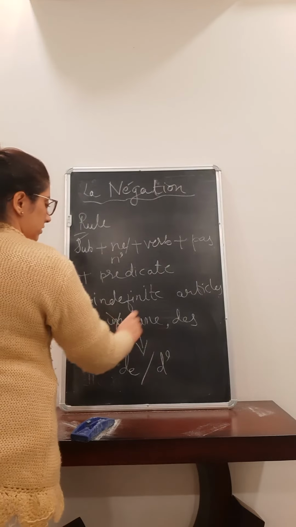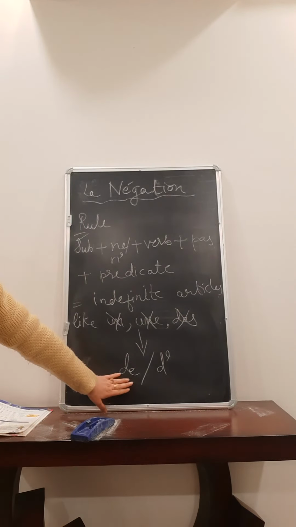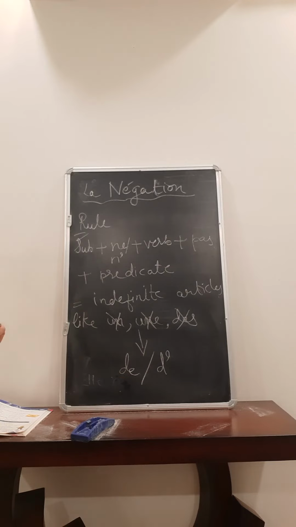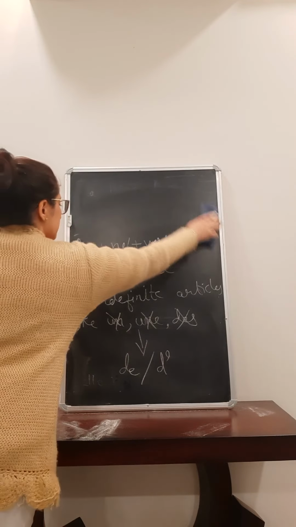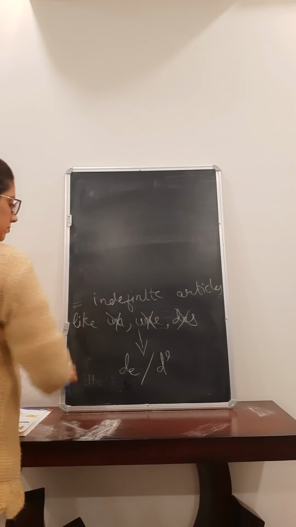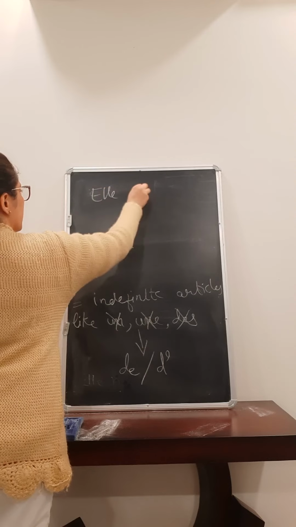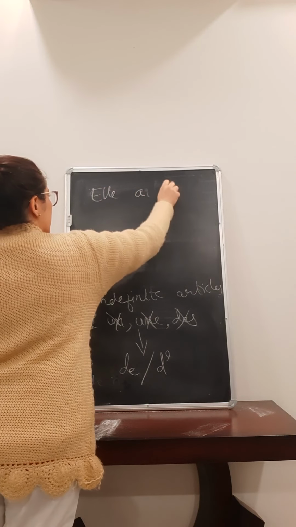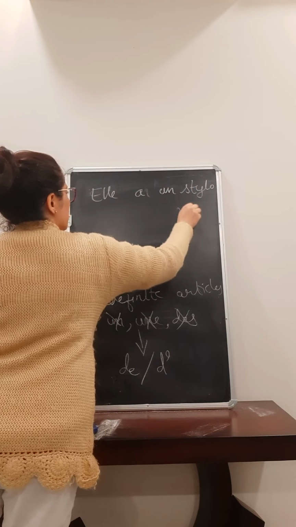We need to cut them and write de or d apostrophe when making a negative sentence. For example, I am taking one example here. Elle a un stylo noir.